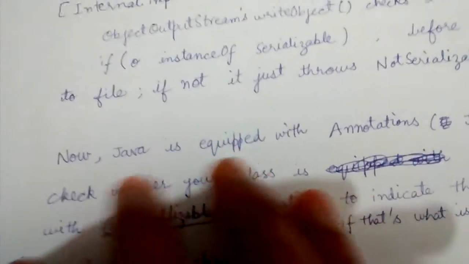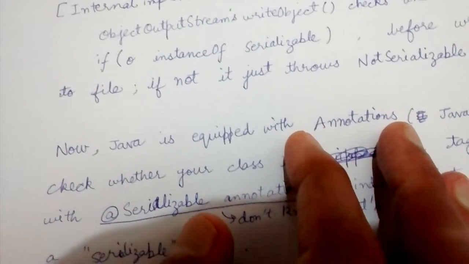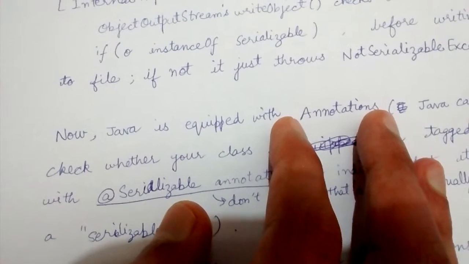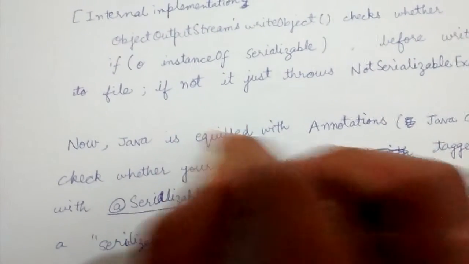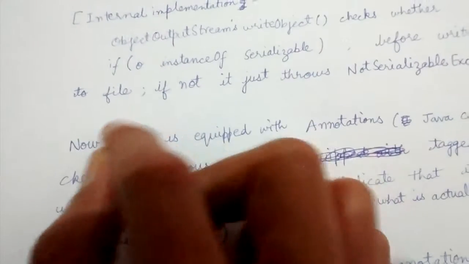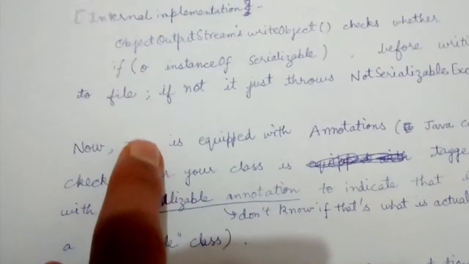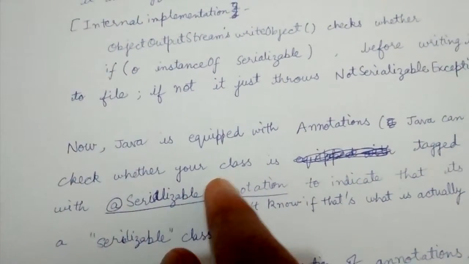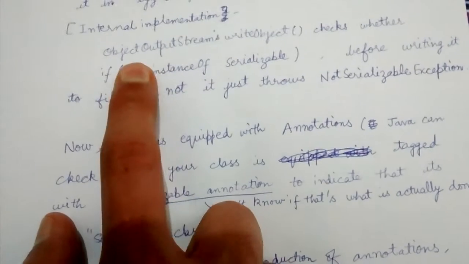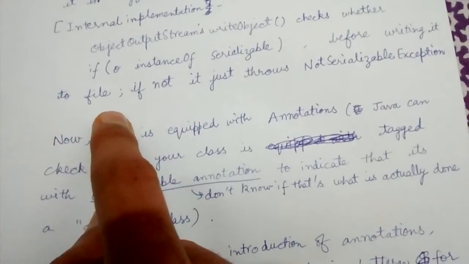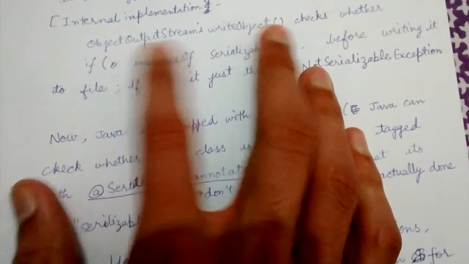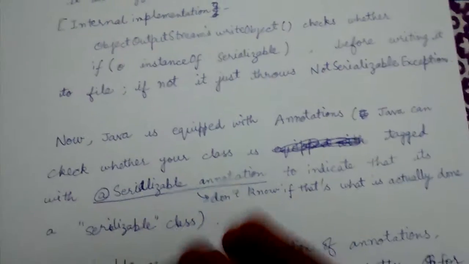But nowadays Java is equipped with annotations. Annotations mean metadata. Metadata means data about data. So if you are writing a class, you need not write implements Serializable. You can just tag it with some tags, and whoever is, let's say, writing with ObjectOutputStream, or whoever is performing some operation on that class, will just read those annotations to get some specific information about your class and act accordingly.